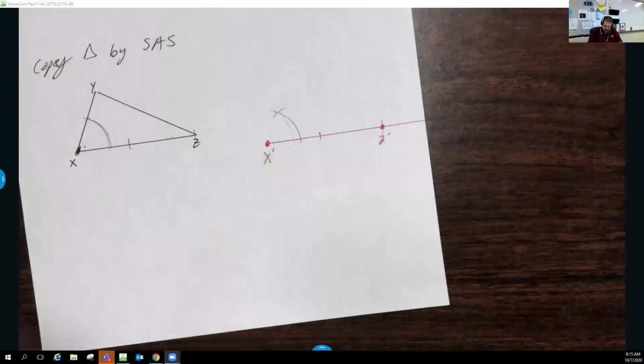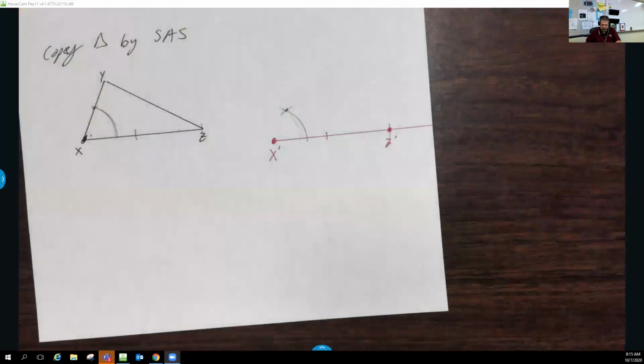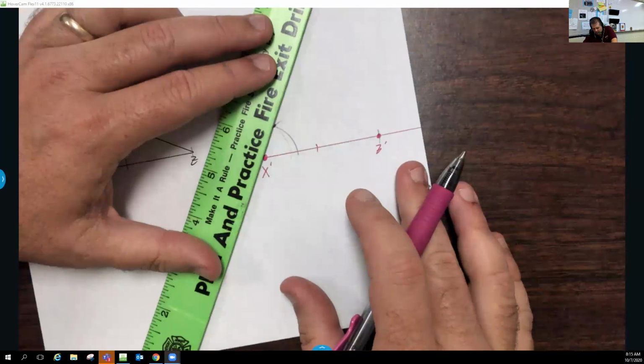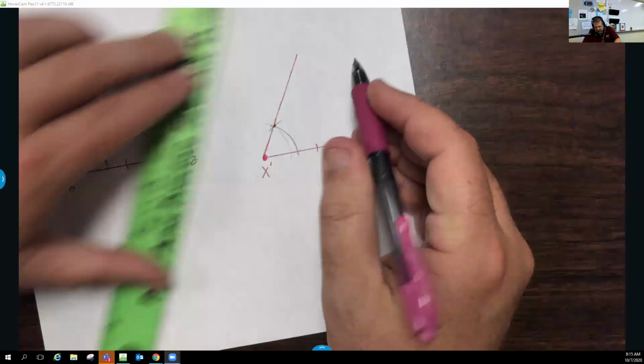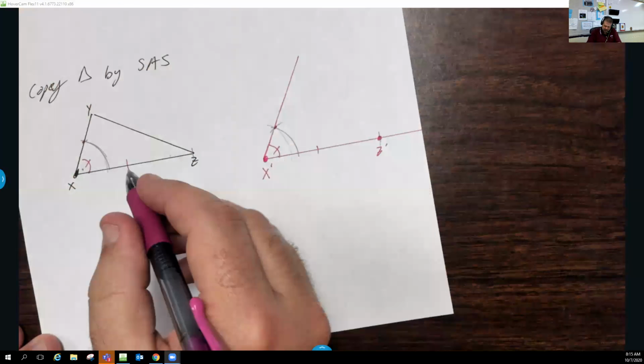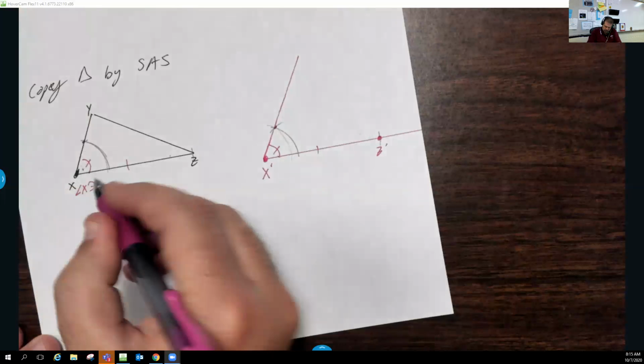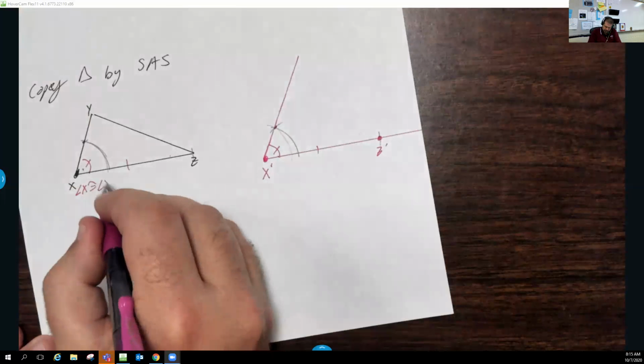So this intersection is a dot here, dot here. So I can connect that. I'm going to make that same line. So when I make that, I now have this angle is equal to this angle. So now I have angle X is congruent to angle X prime.